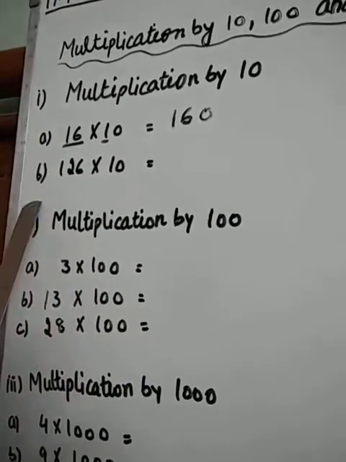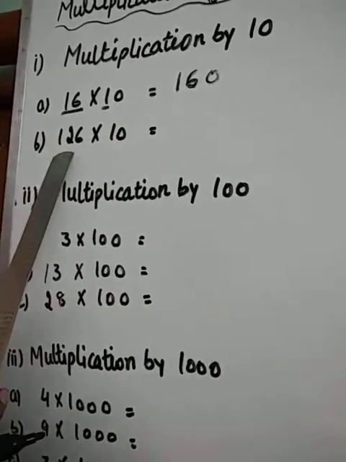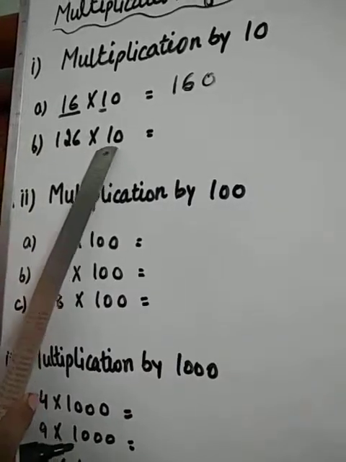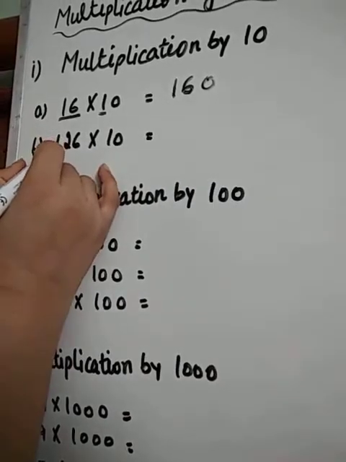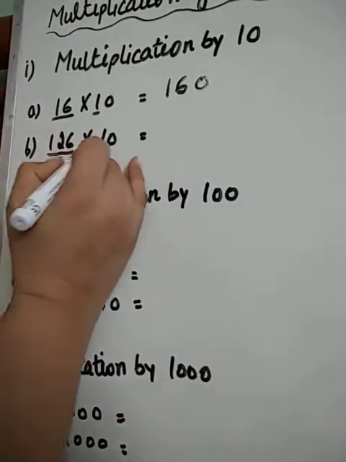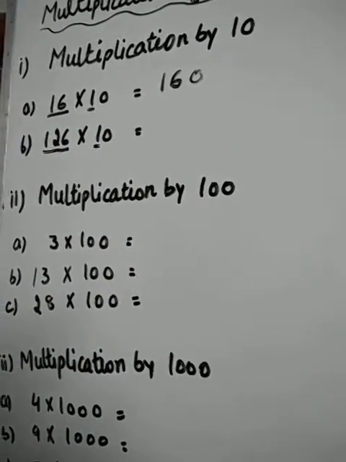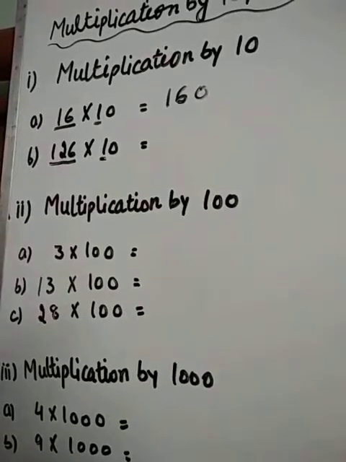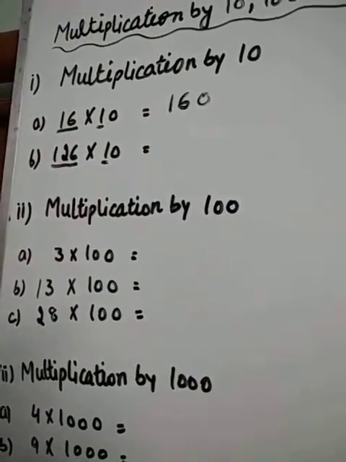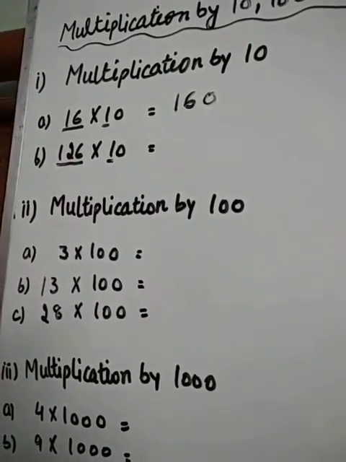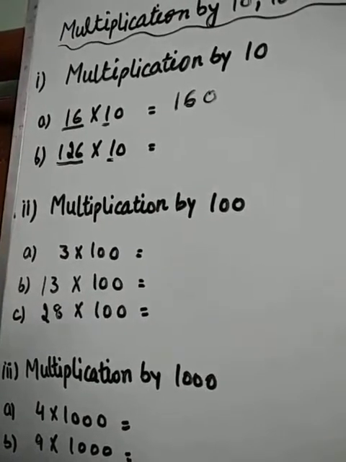Now come to the B part. 126 into 10. Again I will do the first step. I will multiply 126 by 1. When we multiply any number with 1, the answer is the number itself.